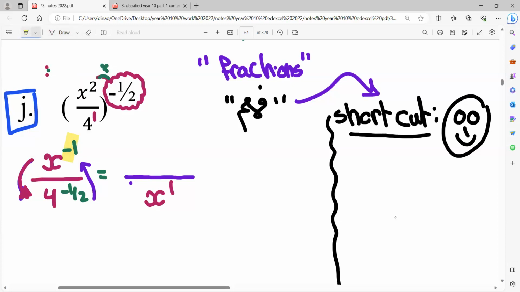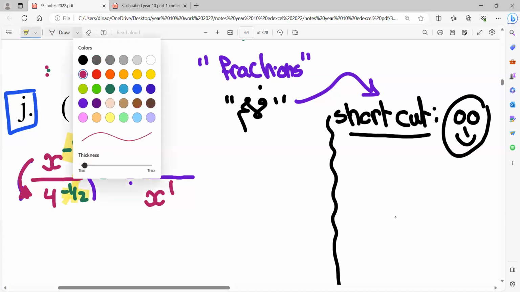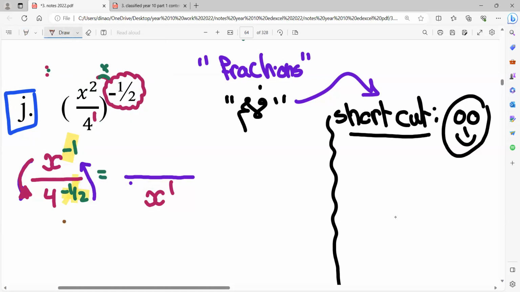Since the 4 has a power of negative half, and I want it to be positive half, and since the 4 is a denominator, I have to send it up as a numerator, and as a result, the negative half changes into positive half. Now I can find the simplest form.